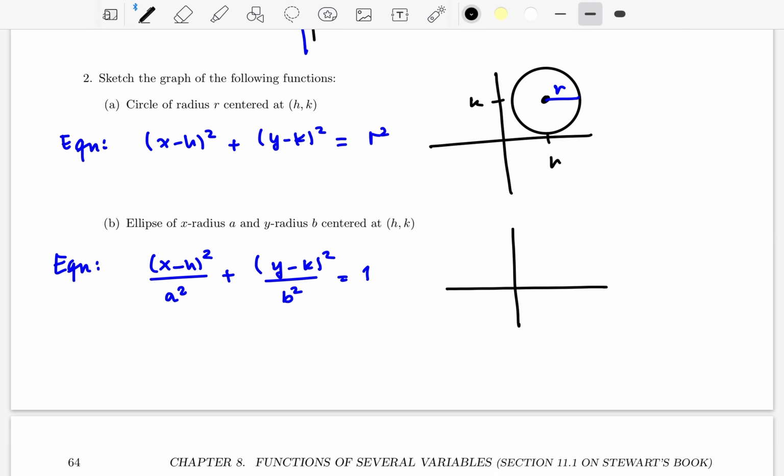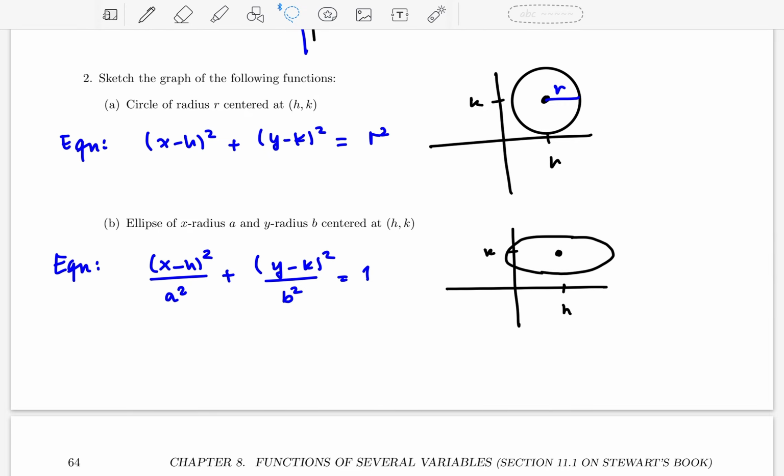This is harder to see. Usually we center it at 0, 0. But imagine that if this is the point, this is h and this is k, and I draw my ellipse. So let's say it's something like this. Okay, it's not going to look like an ellipse, so maybe I can move it a little. Oh, it's okay. Maybe if I come here.